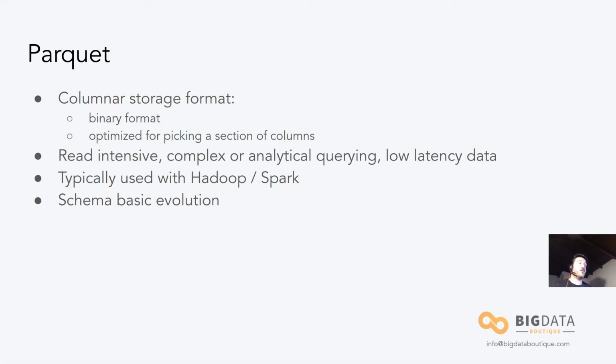So it's very oriented to read-intensive processes, or processes where you need to do analytics or queries and things like that. That's the reason why it's so popular in the Hadoop ecosystem. It provides some basic schema evolution capabilities. You can see it as a table in a database.